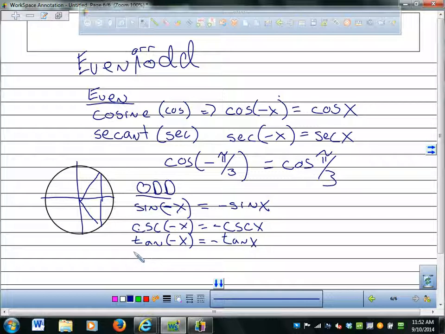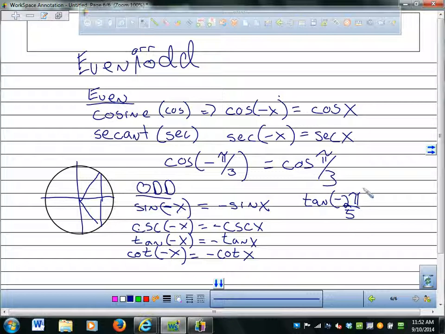And cotangent of negative x is equal to negative cotangent of x. And so, for instance, say I wanted the tangent of negative 2 pi over 5.